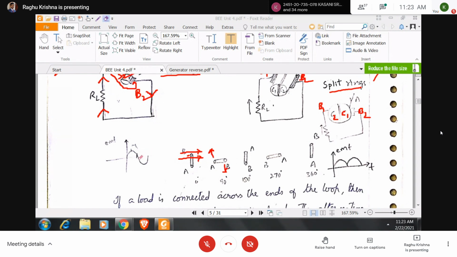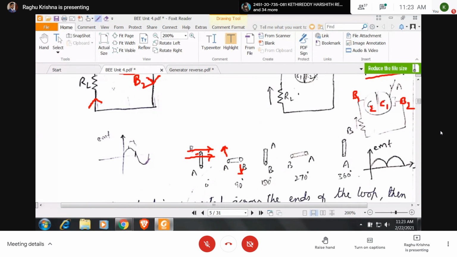Again the induced EMF becomes 0, and again at 270 degrees you can see the maximum negative. The direction of the conductors changes, but the position of the brushes and slip rings remains the same, so the direction of the current changes.